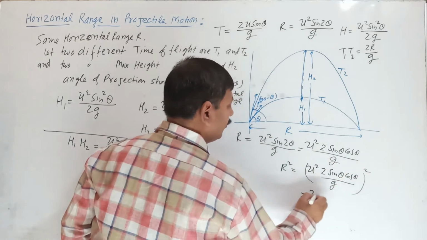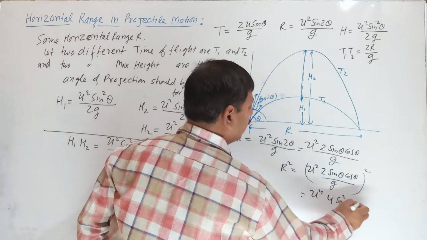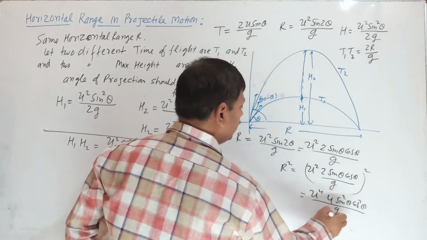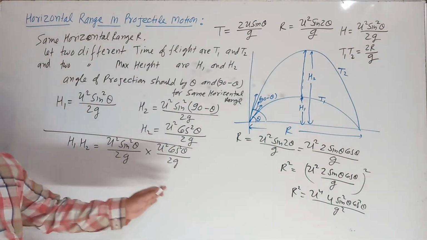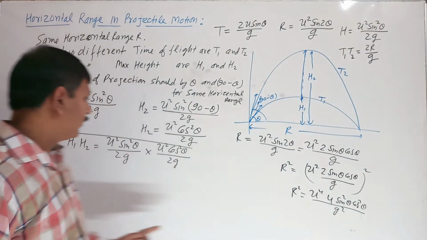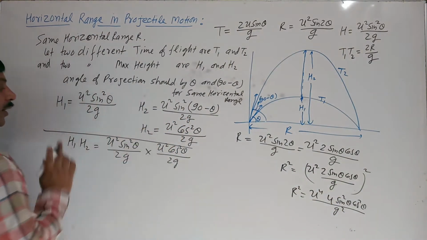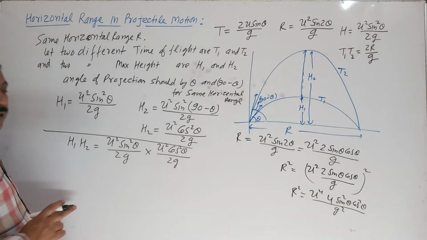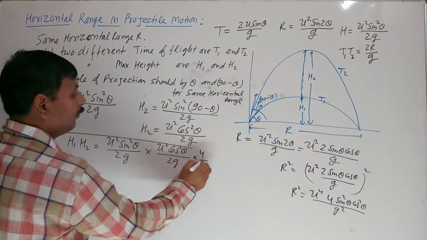So that will be u power 4, 2 twos are 4, sin square theta cos square theta upon g square. Because all are in square form, to convert in this form, sin square theta cos square theta is there, u power 4 is there, g square is there. Only we need 4, so I have multiplied by 4 up and down.